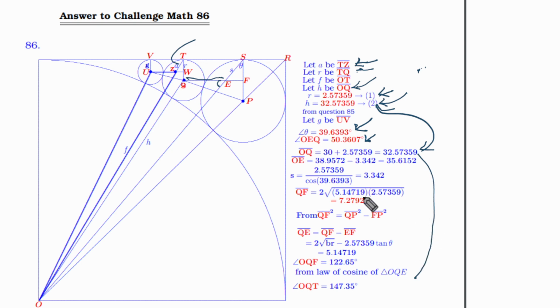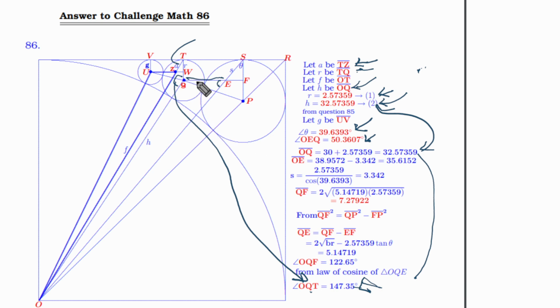But one important value on this page is this one, 147.35. What is this? Angle OQT. This angle you have to keep in mind for the next page.